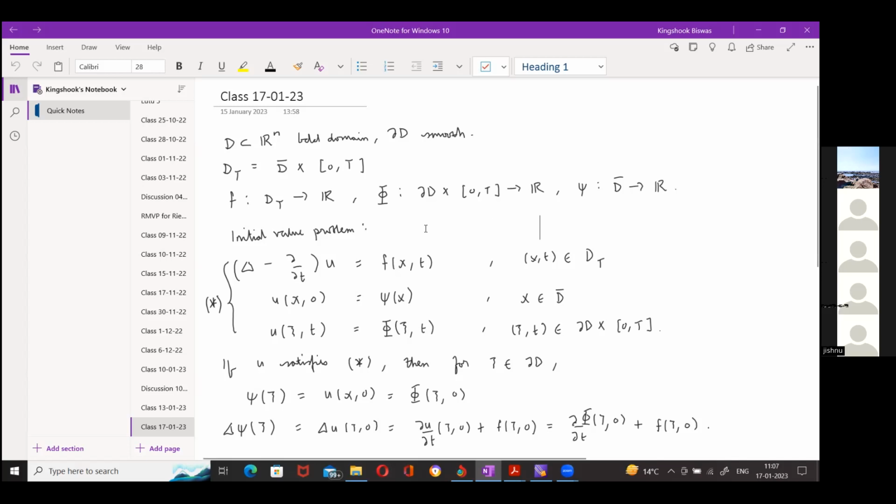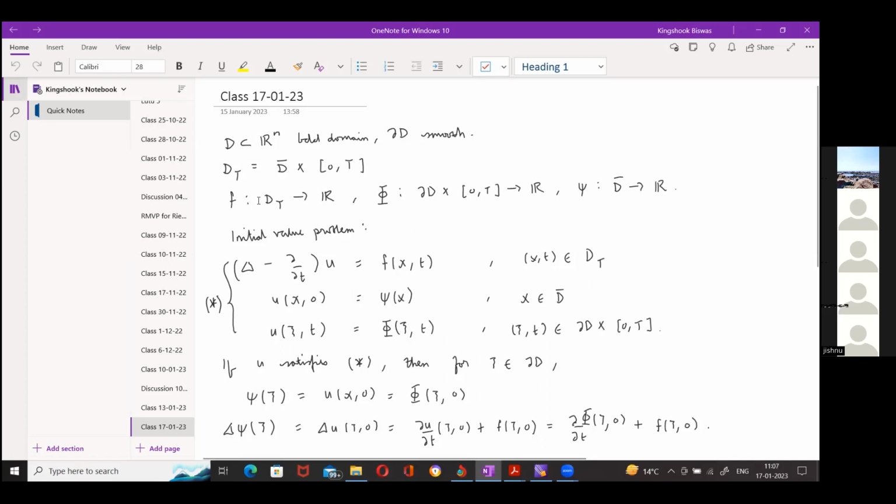So suppose we have the following initial value problem. We have a domain D in R^n, a bounded domain with smooth boundary. Then we look at the cylinder D_T is D closure cross [0,T]. And we're given the following data for this problem.